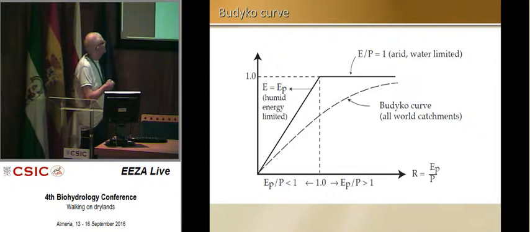And another limit is that evaporation has to be equal to potential evaporation in values less than 1, because in the abscissa line we see that there is a point in which the aridity index becomes 1.